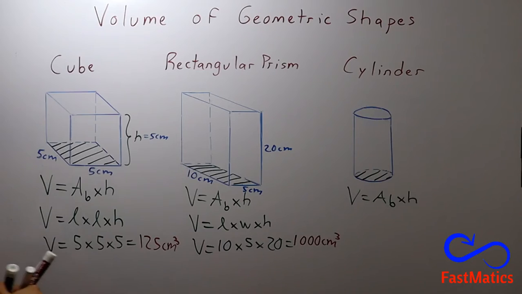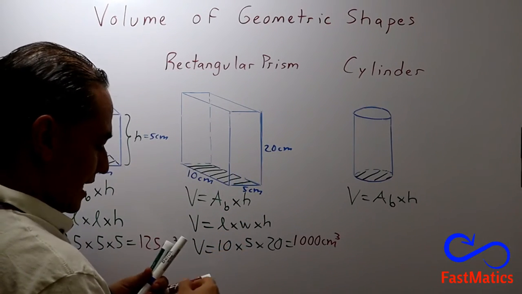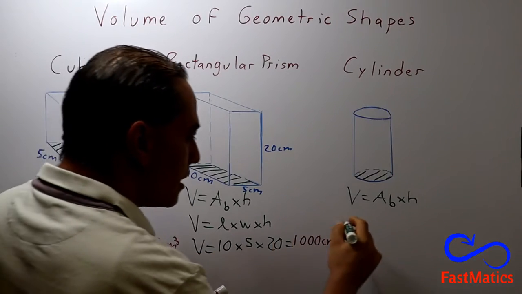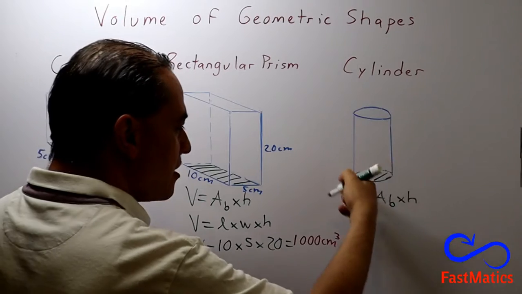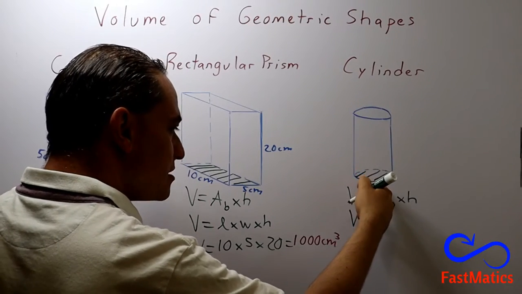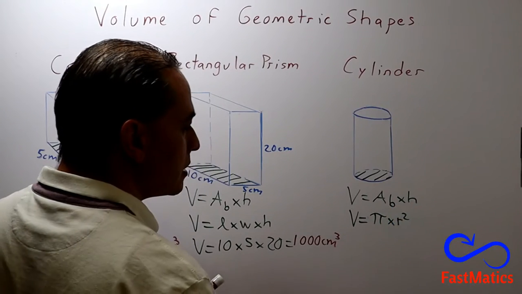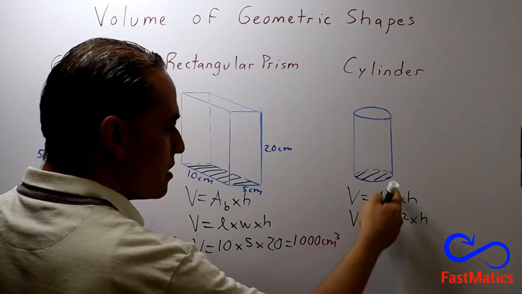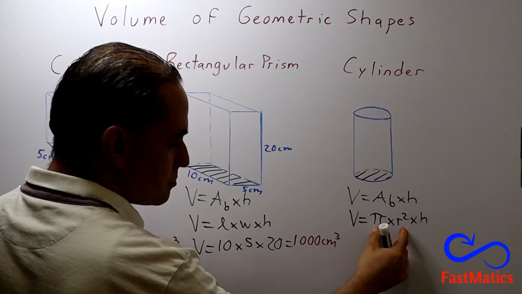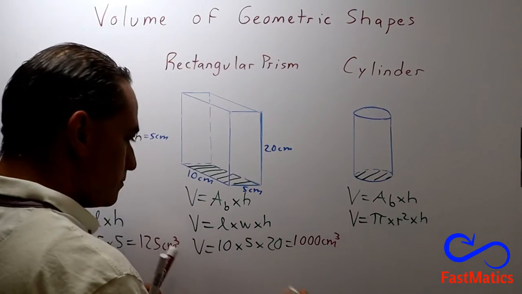Now, we're going to see the cylinder. For the cylinder, it is the same formula. We write volume equals. And remember, the area of the base, here we have a circle, is pi times radius squared. And here it is written times height. So the area of the base, pi times radius squared, and here times height. Okay.